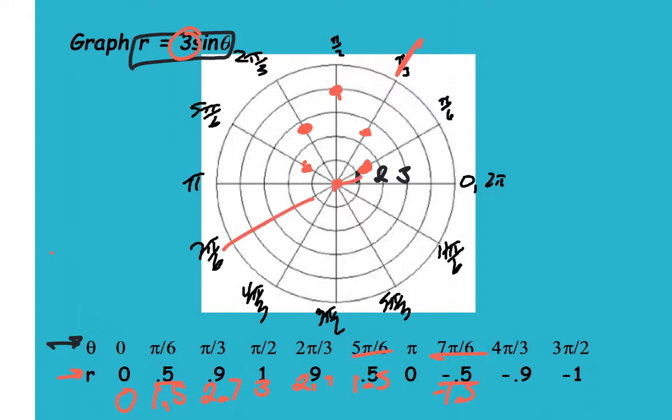So right here is 3 sine of theta. Okay, so I was looking at that going, this doesn't look like a circle to me. Hopefully you guys saw that I went out way too far. 3's right here. Now that looks like a circle. Before, it looked like an oval. It should have been a circle.